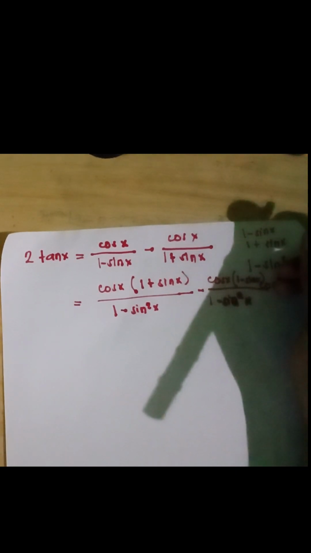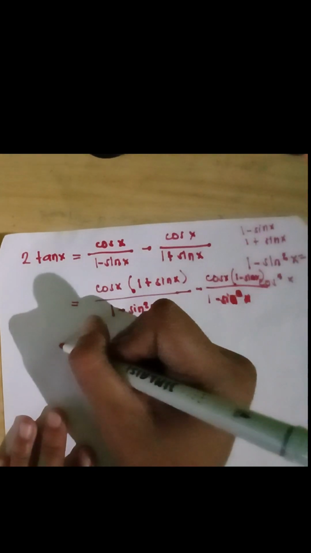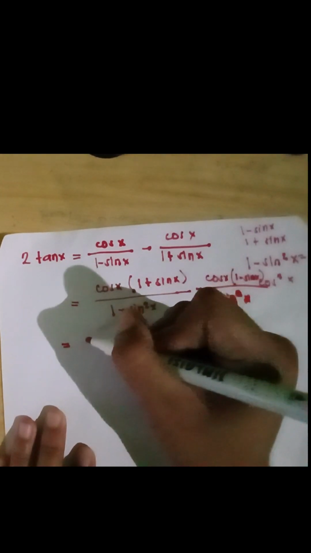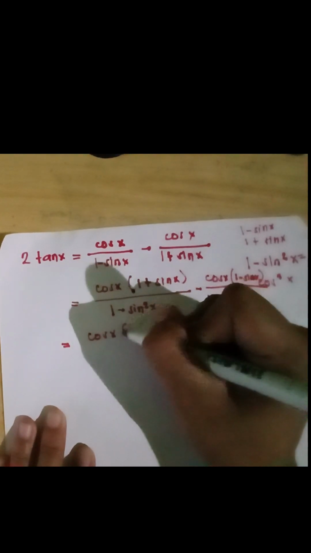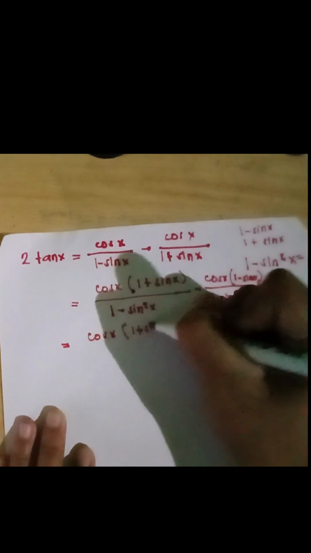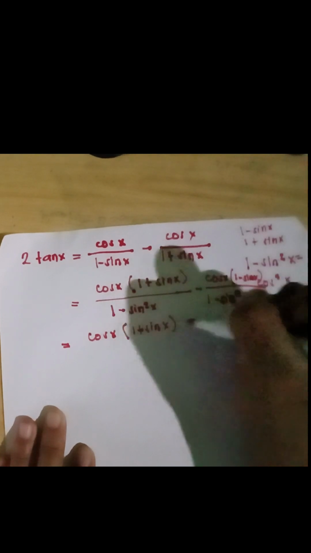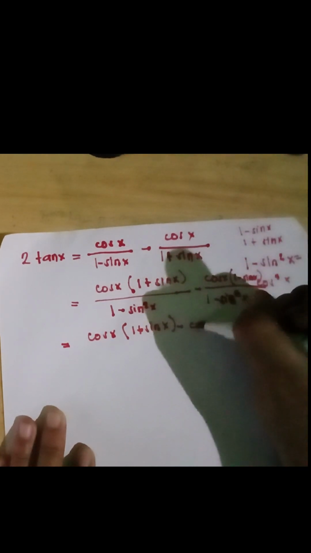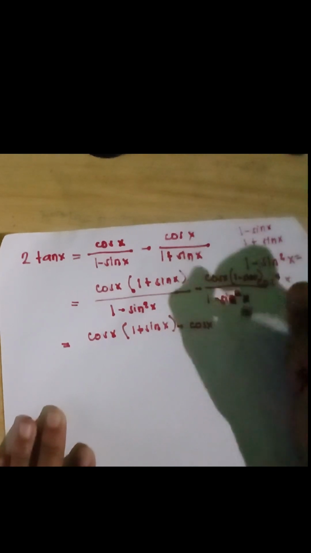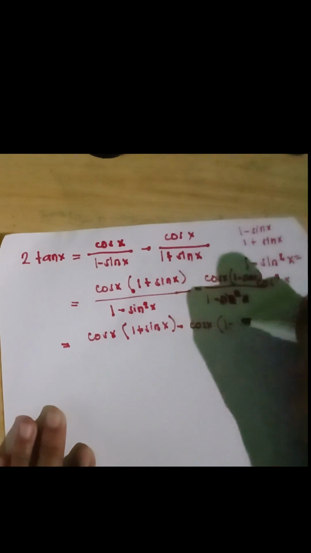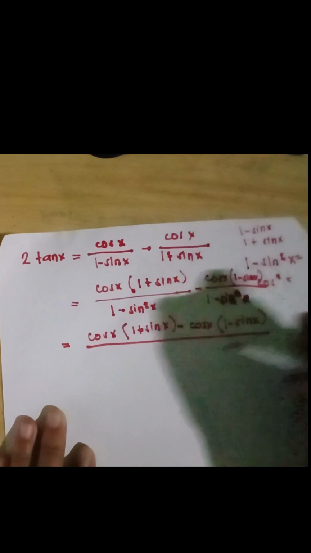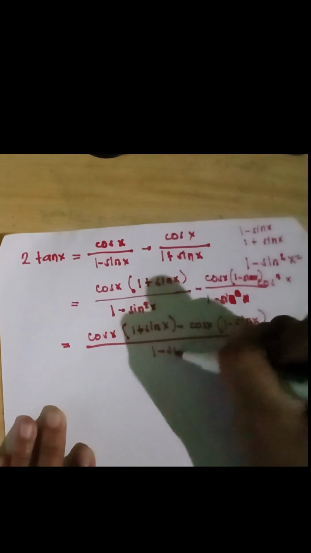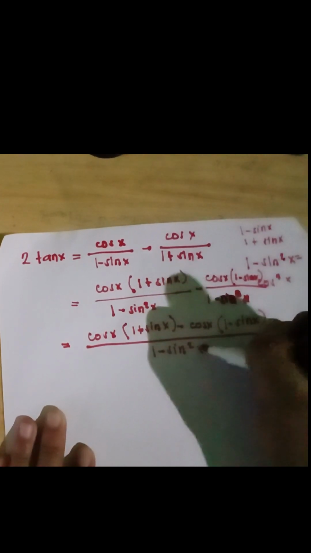Now let's combine the two fractions into a single fraction. This is going to be cosine x times 1 plus sine x minus cosine x times 1 minus sine x over 1 minus sine squared x.